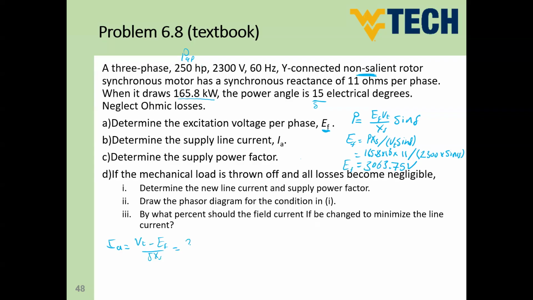So V terminal is 2300 divide root 3 at angle 0 minus the excitation volt, which is 3063.75 divide root 3 at angle, sorry, at angle 15, divide the value of JXS, which is J11, and you can get the current here. So I will leave the last part of the calculations to you, guys. It's very simple to do that. So this is the armature current, and you will give also the power factor.